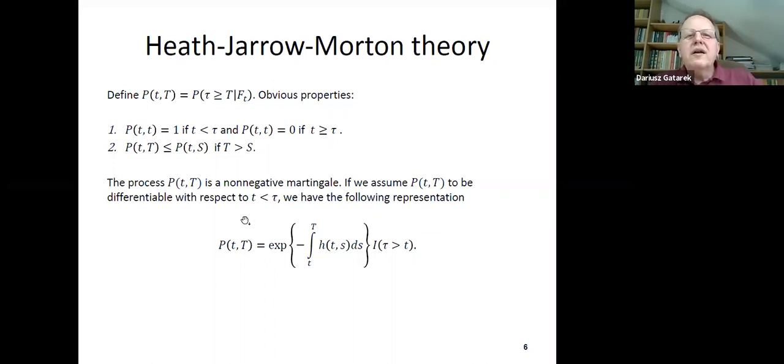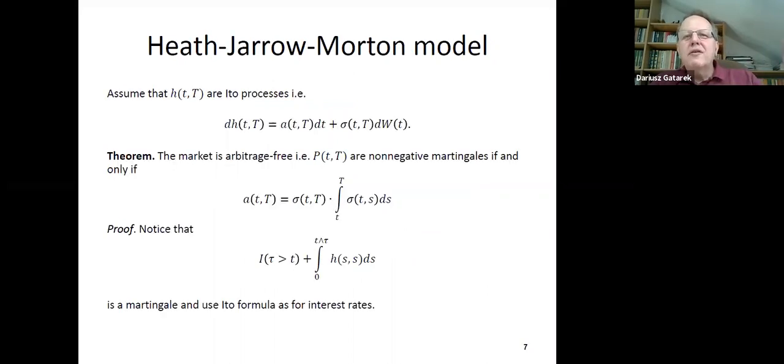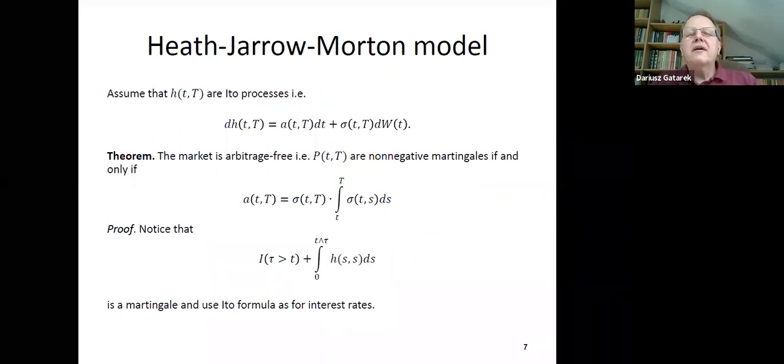So we calculate the Itô formula for that term, get some calculations where something must be equal to something in order to keep the drift null, and we get exactly the same result.